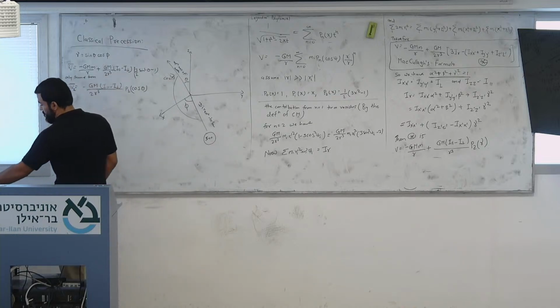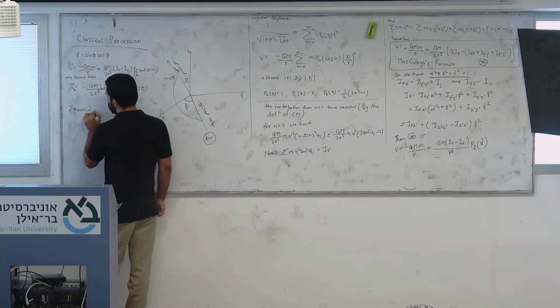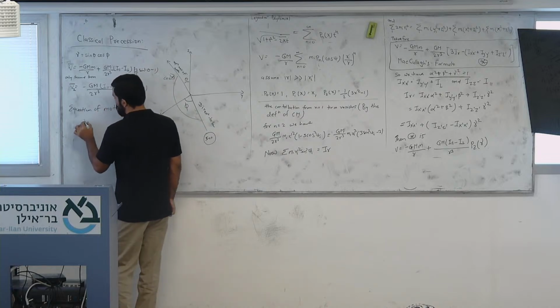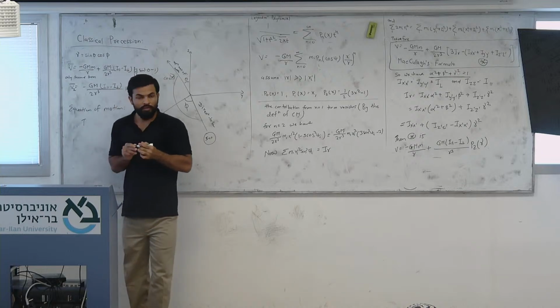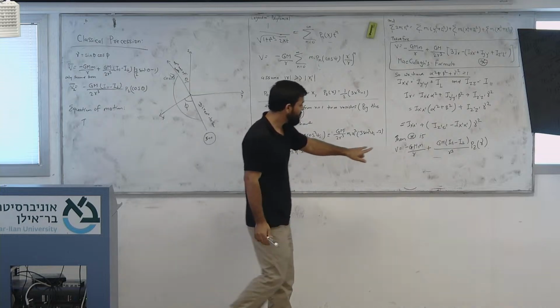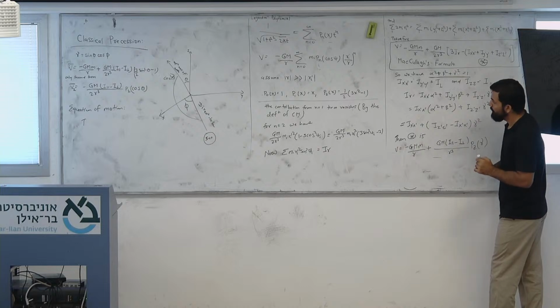Now let's write down the equation of motion. P2 you have half over also the 1. This is the one which I wrote here. But the definition of P2 is half.